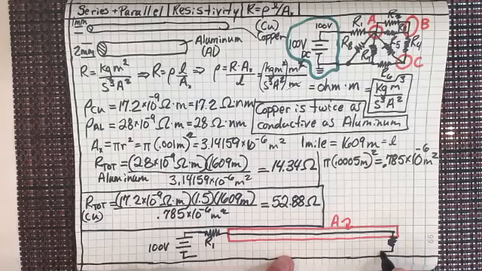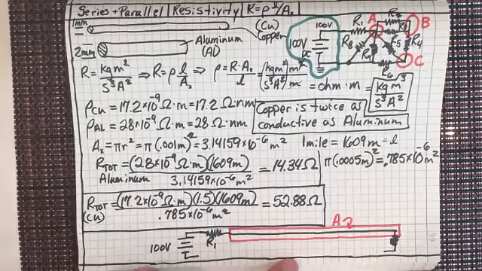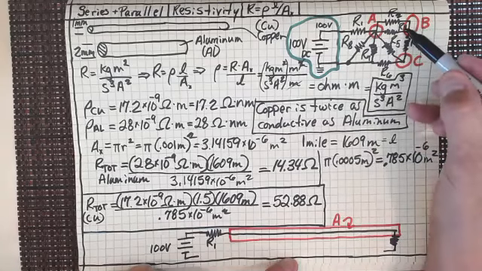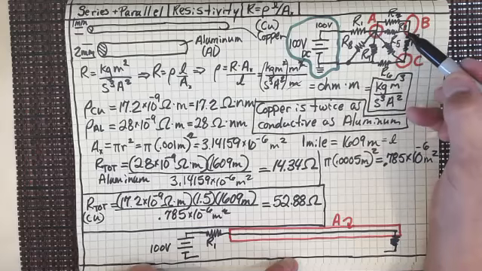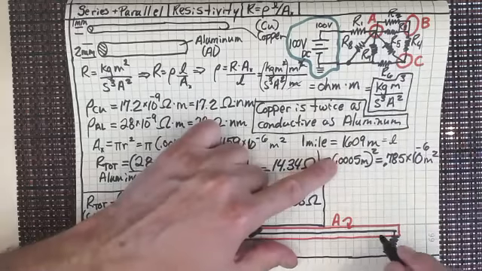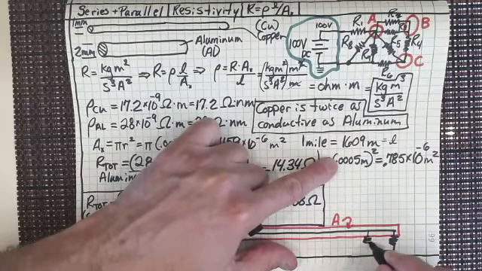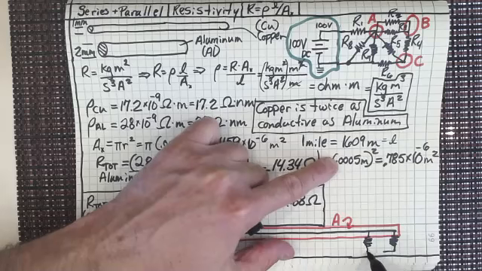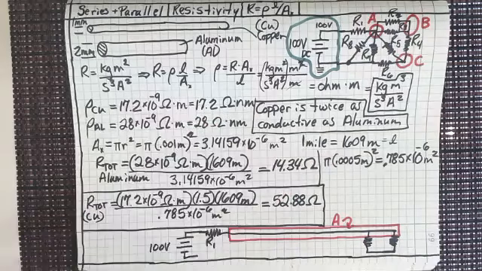Do we have another one that goes from A to B? Yes. We have R3 that goes from A to B, right? We don't have any other ones, just those two. So this also is going down to node B. And there you go.